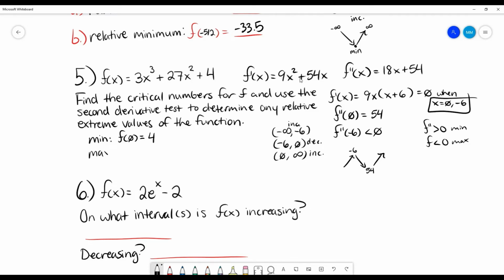I have a maximum at f of -6, which is a little ugly and has me a little nervous, I won't lie. Okay. I'm just going to use a calculator to make this quick. Okay.